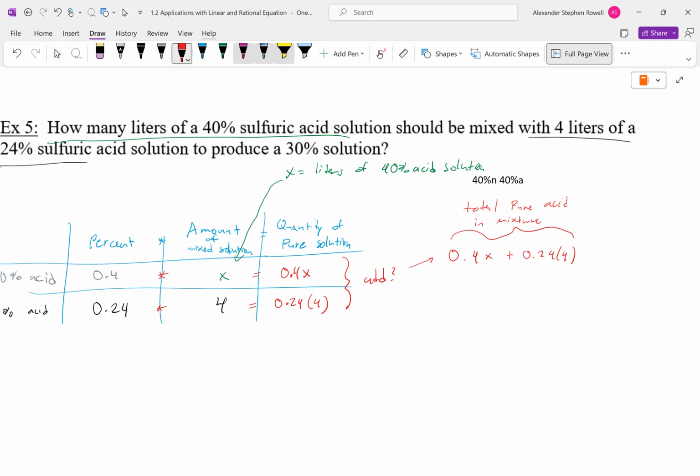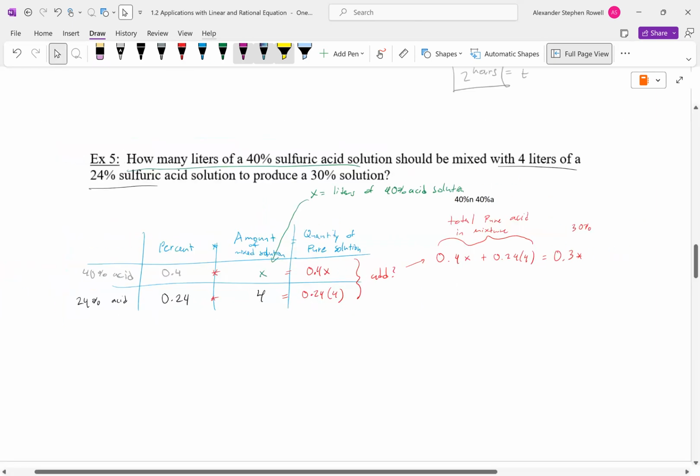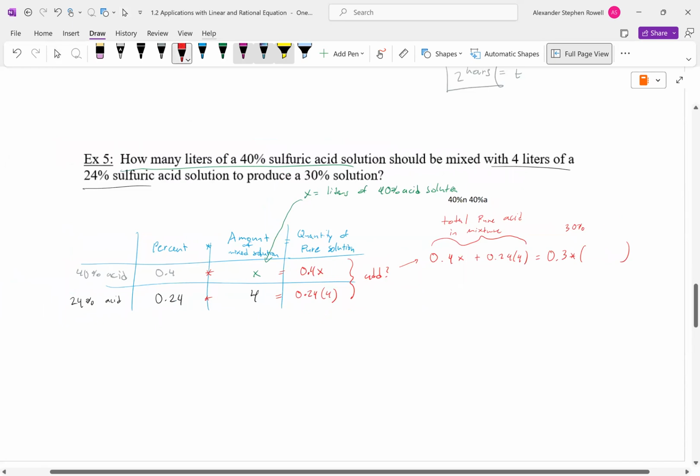Very good. Set to 0.3, so 30%, times the total of the amounts that we started with. What's the total of the amounts we started with? No, not 4.